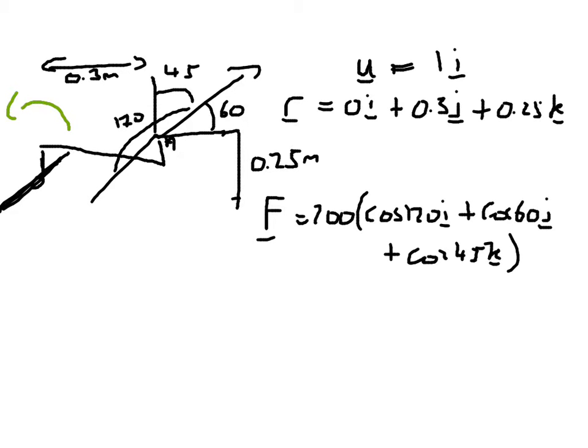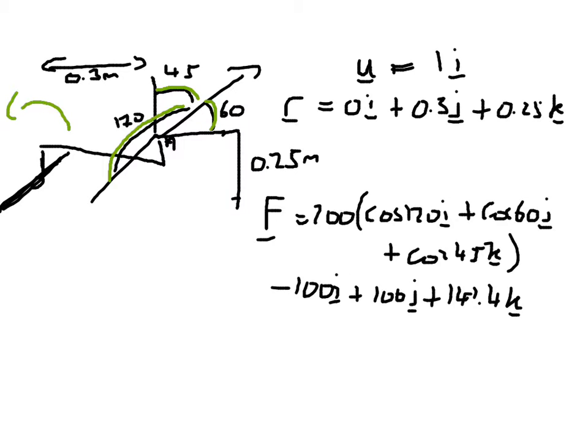If you're not sure why they're alpha, beta and gamma angles, refer to the earlier videos, but basically it's because this angle here is going all the way from the force straight to the x-axis. This angle here is straight to the z-axis. This angle here is straight to the y-axis from our force. So that's going to equal minus 100i plus 100j plus 141.4k.